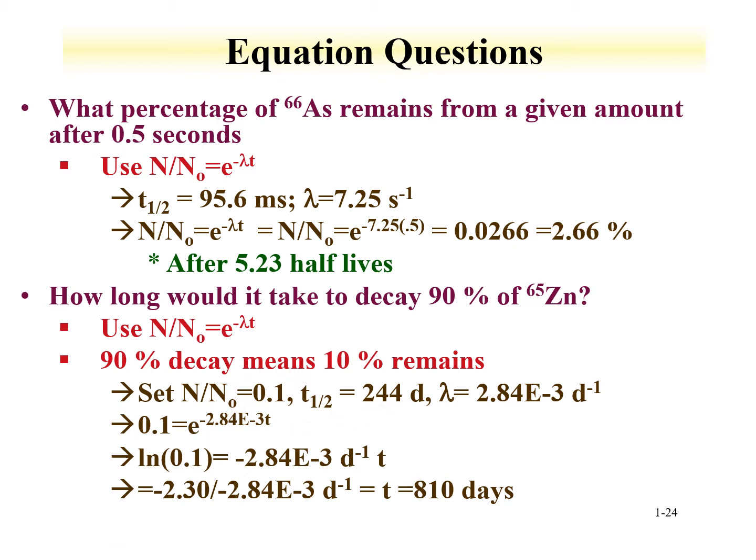The half-life is 244 days. Let's just use the value in days. Log 2 divided by that, 244, shown here. I set up my equation, solve for t. T equals 810 days. So you can use this to estimate the time or calculate the time to get any sort of ratios or calculate the ratios at any given time.